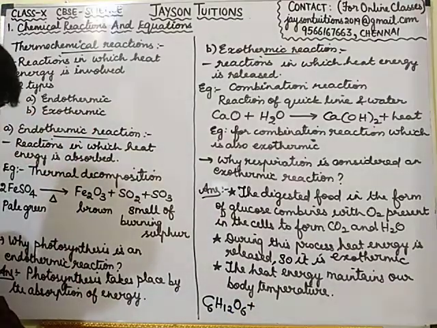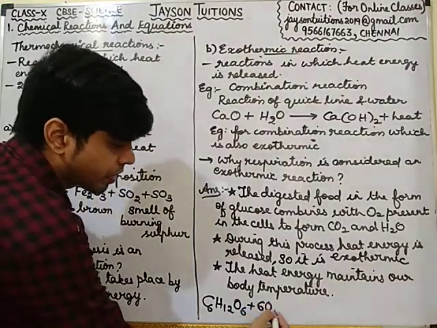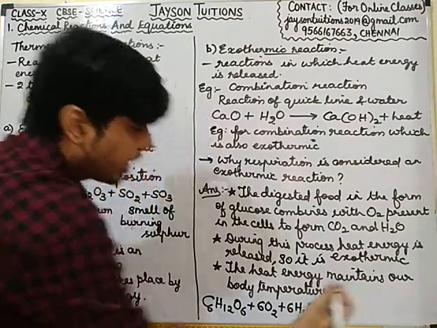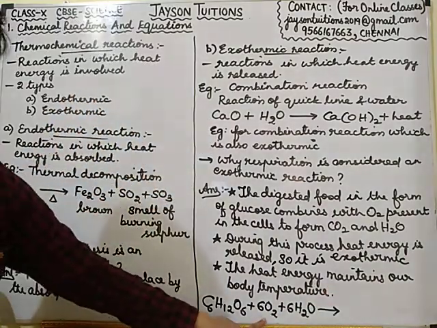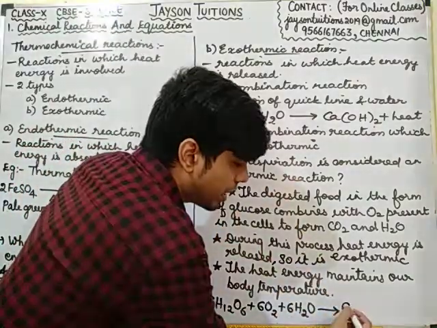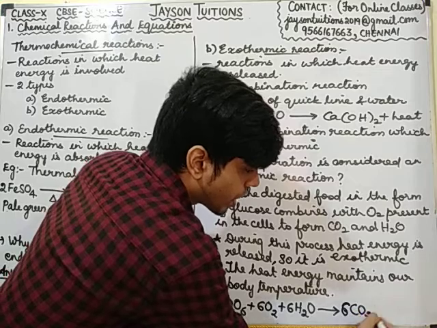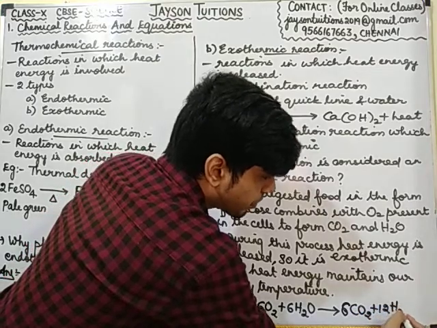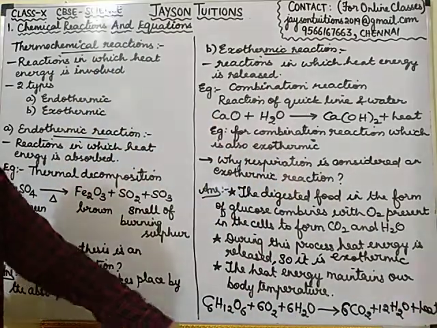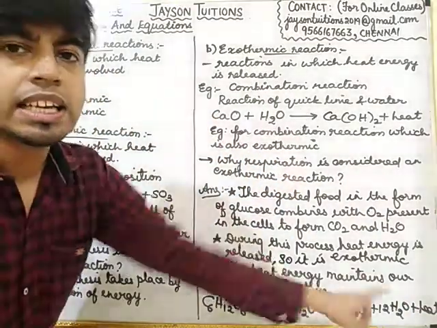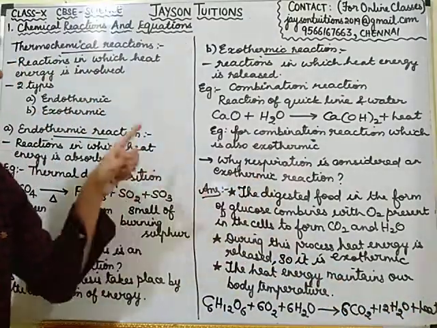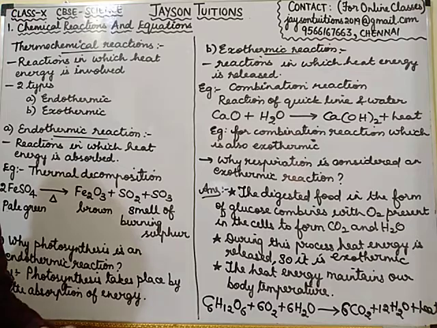It combines with oxygen in the presence of water and gives carbon dioxide plus water plus heat energy. Because of this release of heat energy, we call respiration an exothermic reaction.